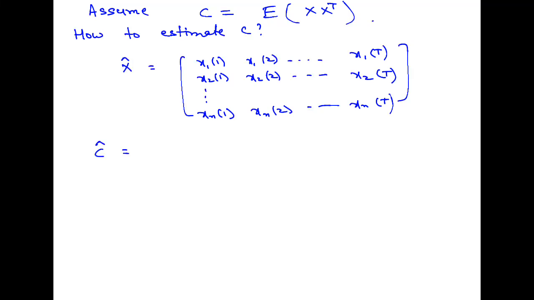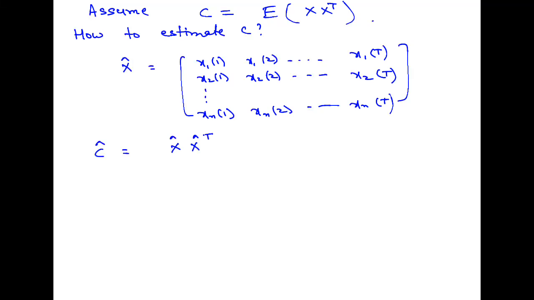Sample mean of? Not sample mean. Sample mean of X cap is 0 because I already normalized this. X cap times X cap transpose. And do I need any normalizations? 1 upon n minus 1?